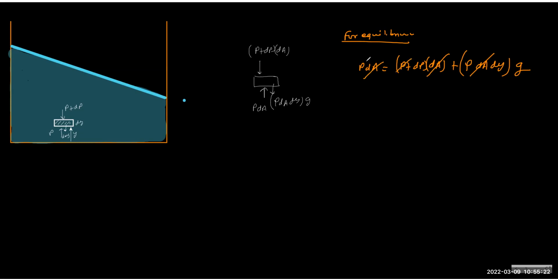And in fact, P dA will cancel out. So what we are left with is 0 equals dP plus rho g dy, and this is again giving us the same pressure gradient relation, so dP by dy is minus rho g.